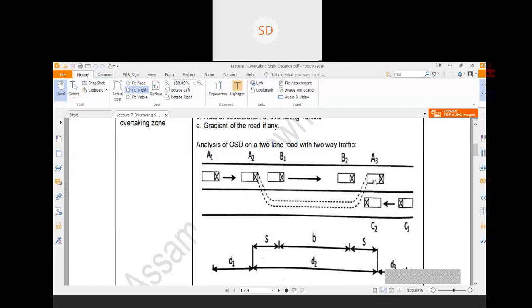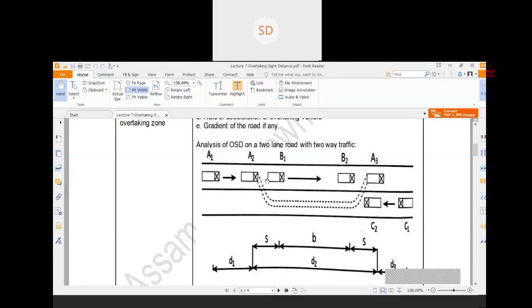And there is another vehicle coming from the opposite direction, that is vehicle C. C1 and C2 are the different positions of vehicle C.